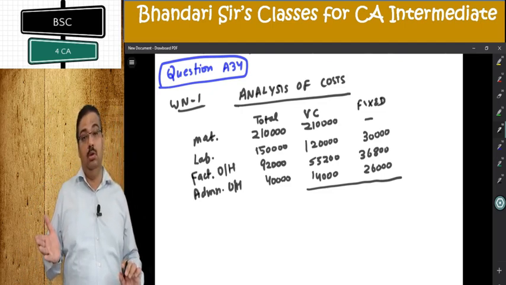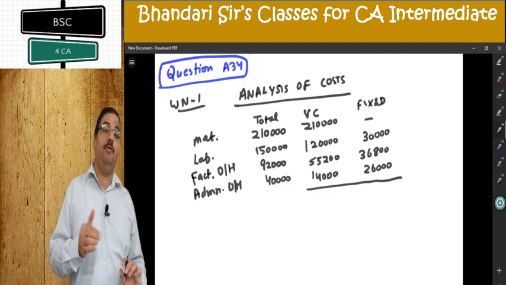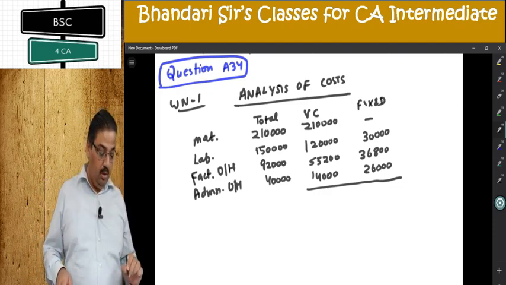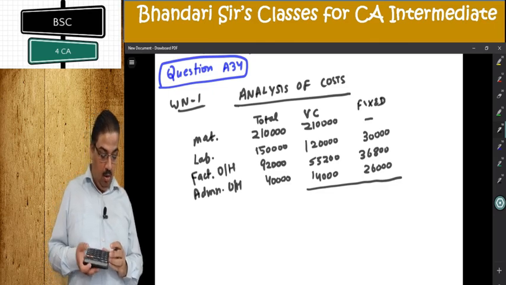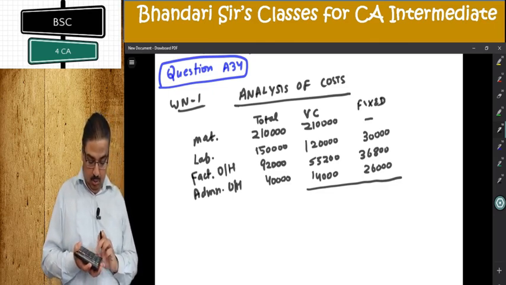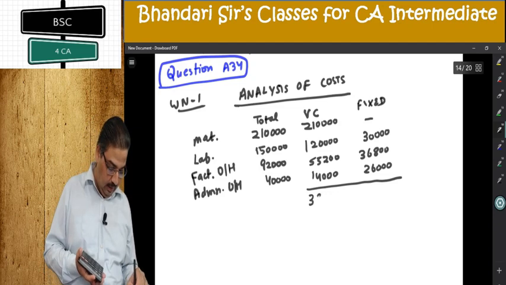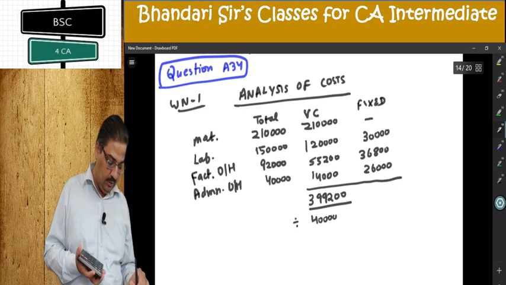not known. So it will be 8% of selling price, 0.08 of X will be my selling price later on. So at the moment I am adding all the variable cost, 2,10,000, 1,20,000, 55,200 and 14,000. I am getting total 399,200. Divide by 40,000 units.